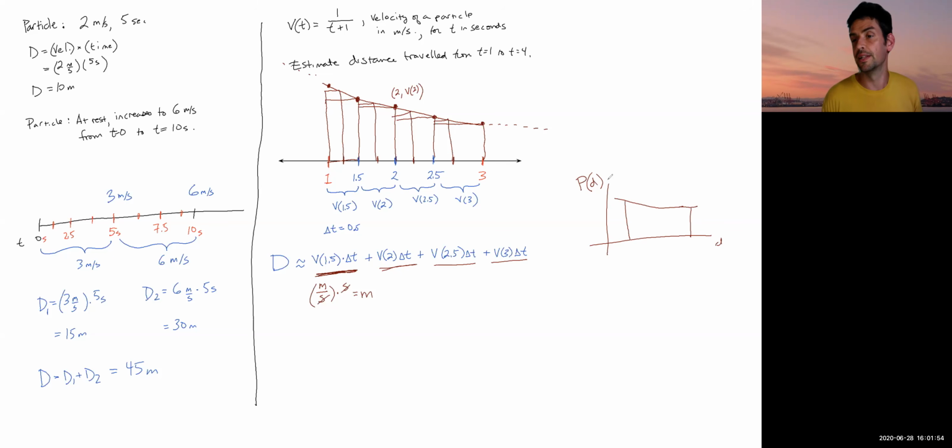Maybe this is pressure gained per meter, which would be a better way to do this. So maybe pascals is the unit, so this would be pascals per meter. Distance is in meters. If we took these little approximating rectangles, it would be pascals per meter times meters equals pascals, right? That's a unit of pressure.